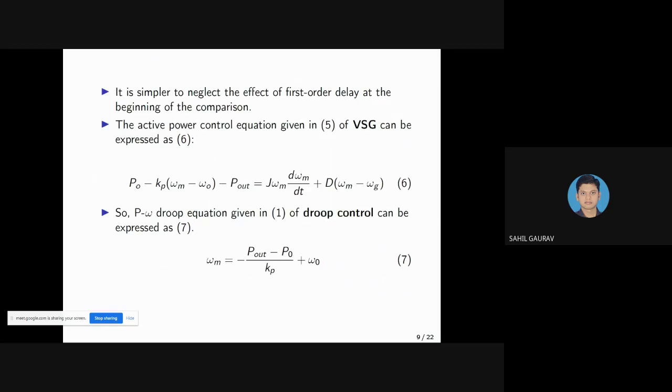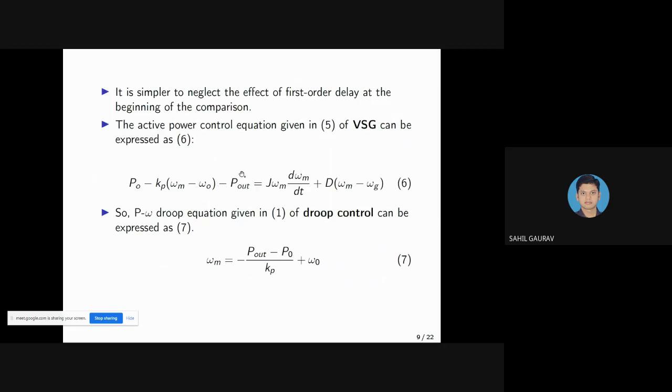Now, what we do, we can easily neglect the effect of the first order delay so that we can easily compare the droop control and VSG control. We have to neglect the first order delay part so that it is easier to do the analysis. If we neglect the first order delay effect, then the active power control equation given in 5 of the virtual synchronous generator can be expressed as this equation.